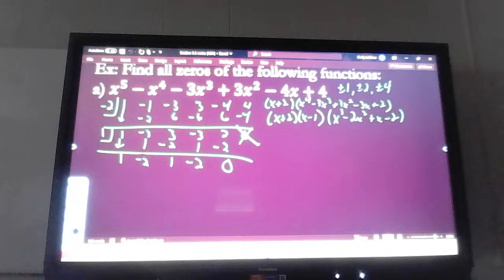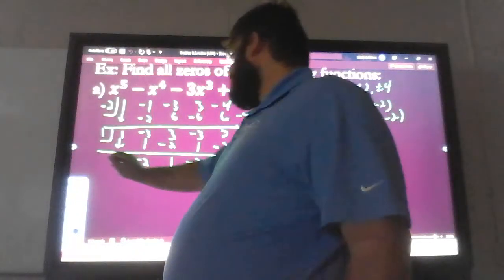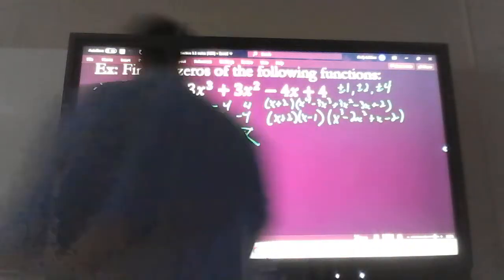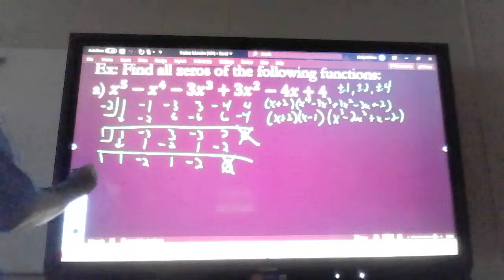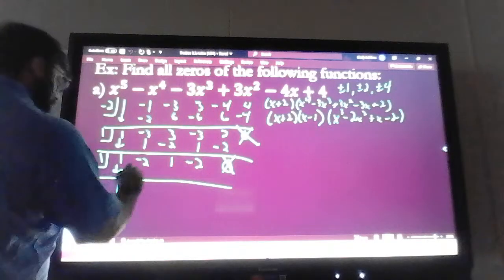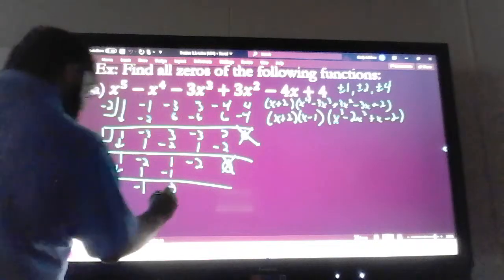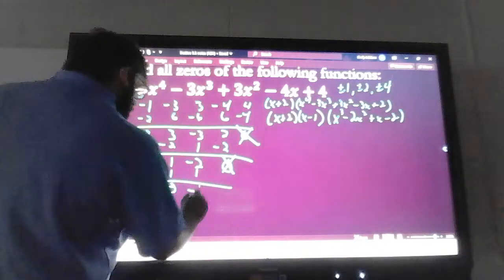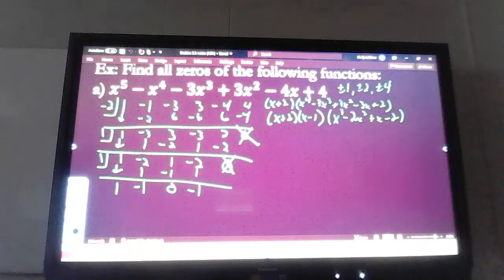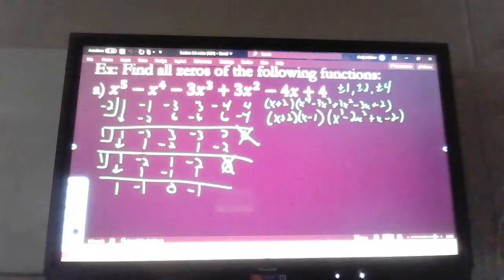If I tried 1 here again, let's see what happens, just in case. Multiply, add, and I don't have a remainder of 0. So I can't use 1. But I want to try to factor this using factoring by grouping.